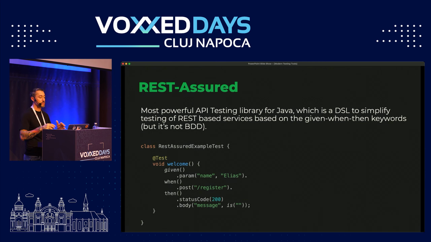Because I can see the keywords given, when, then. Given a precondition, when the action itself, then the result that it needs to validate or assert. It's a really good tool to test. And this is the basic code for that. With these few lines, I can test this register endpoint.